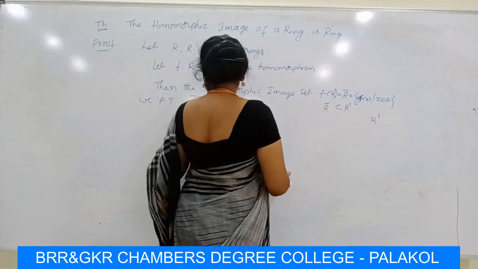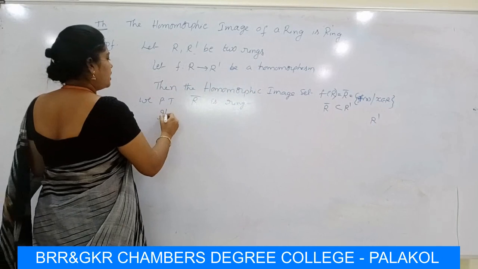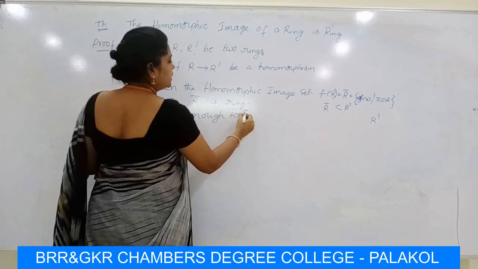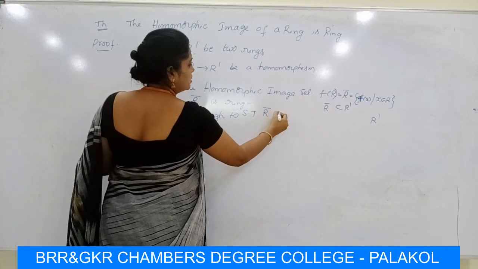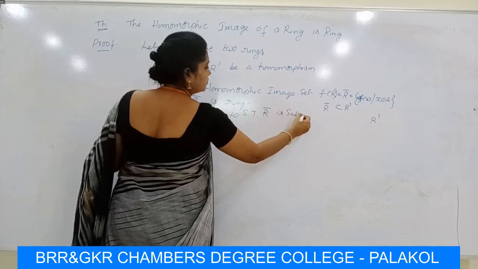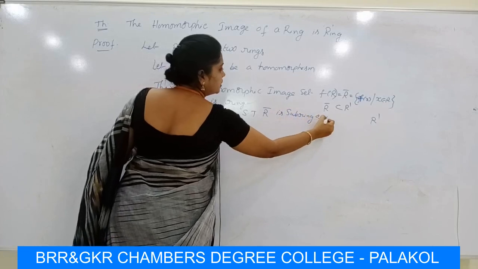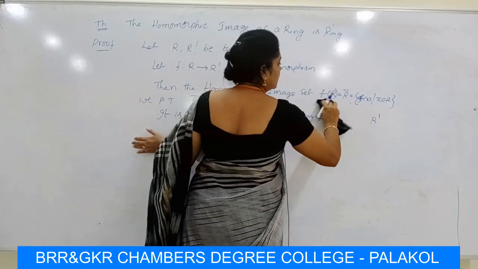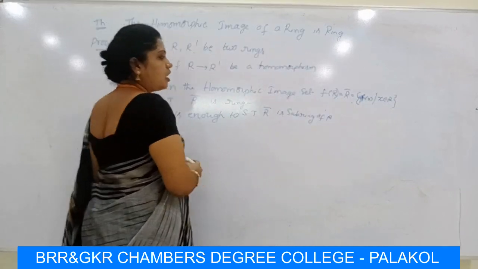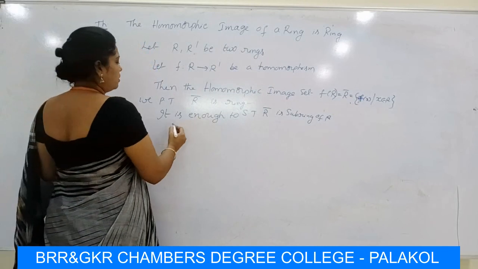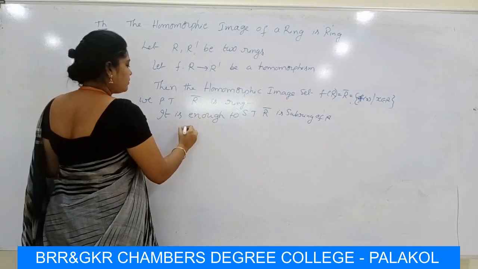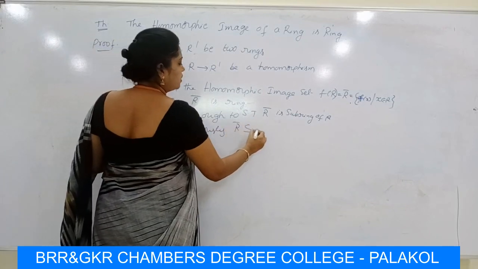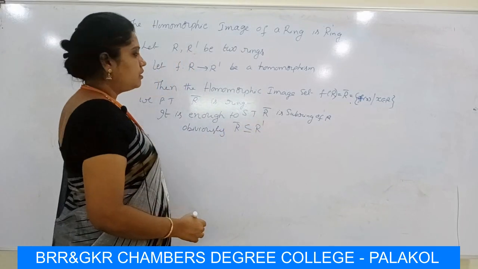We have to prove, it is enough to show that R bar is a subring of R dash, because R bar is obviously a subset of R dash.